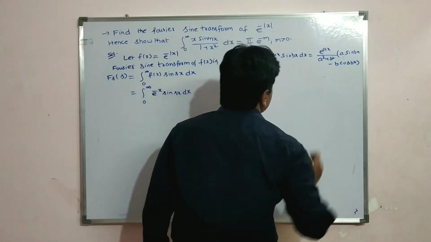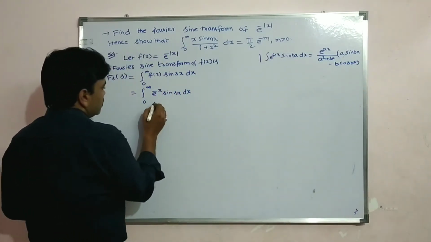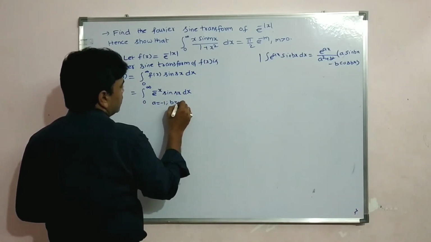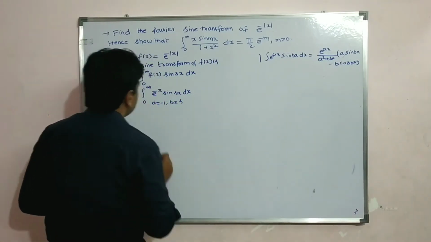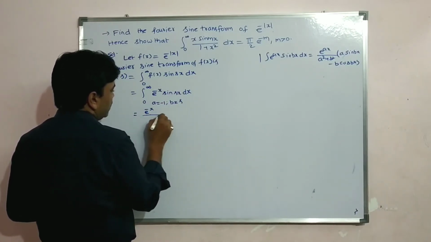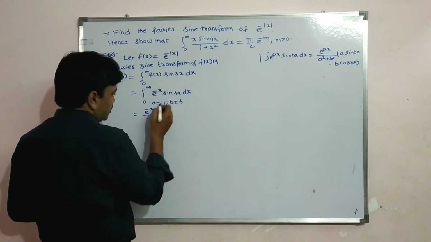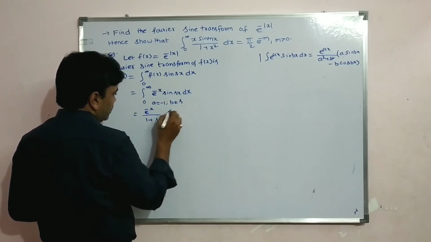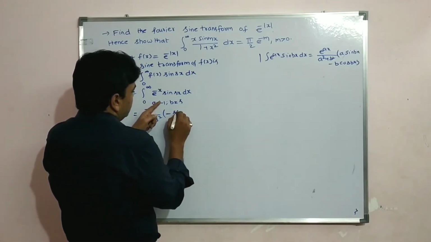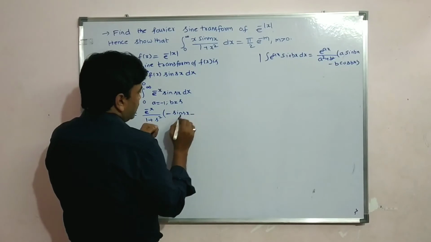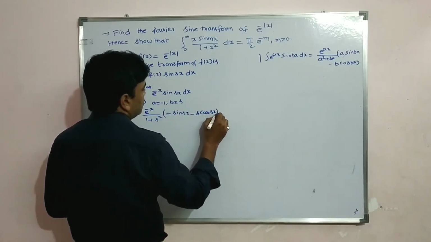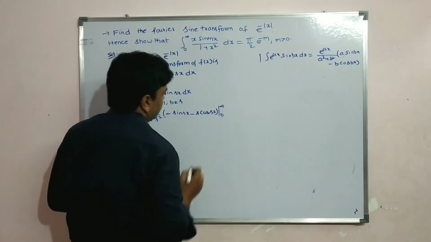Now, what is a here? a is minus 1 and b is s. So, that is equal to e power minus x by 1 plus s square into minus sin sx minus s cos sx, between limits 0 to infinity.